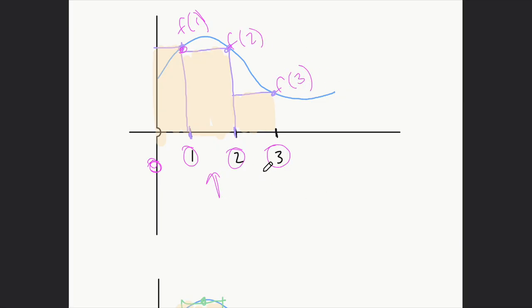I have the same widths of each rectangle, right? My width of each one is going to be 1. And then I'm just going to multiply it by my output value, which represents my height. Again, I'm not going to go through this as much in depth, but just note here how it's different when you're doing right endpoints. Now when my function is increasing, it's an overestimation, and when it's decreasing, it's an underestimation.